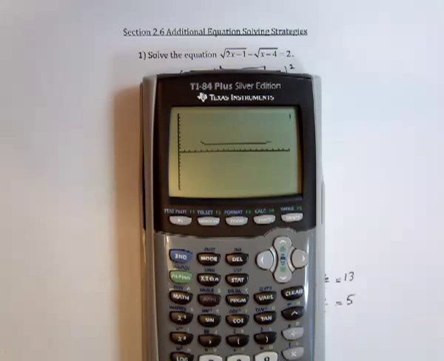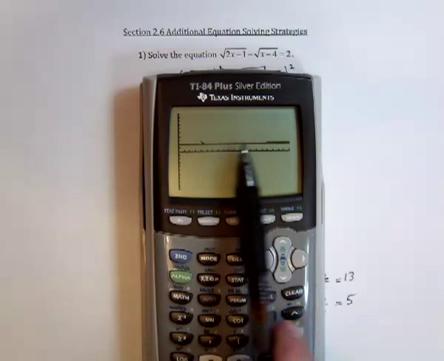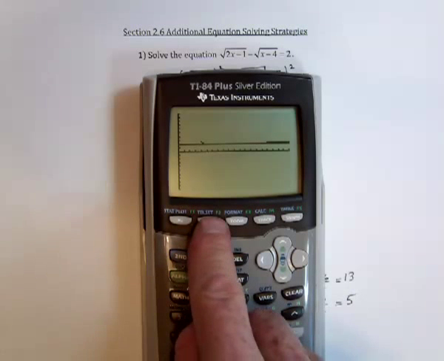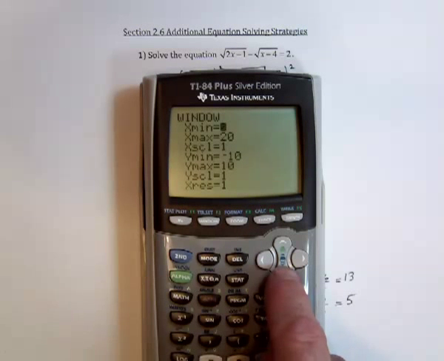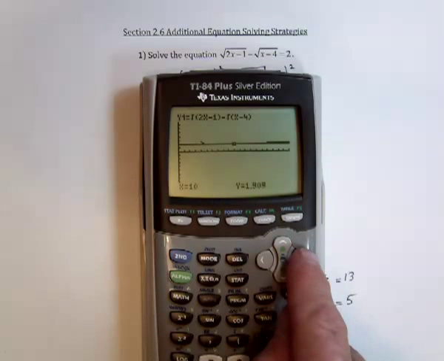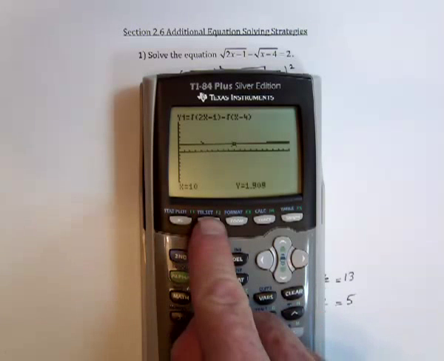There goes one of the functions, the square root function, and then there goes the 2. So it looks like somewhere in here they're intersecting, and in this area I really need to zoom in, so I need to change the y values. If I take a look at the graph and trace it, you can see the y values are approximately 2.